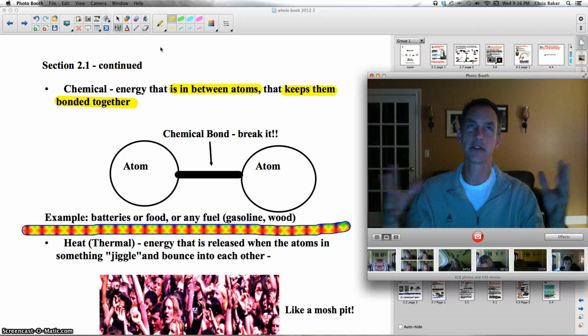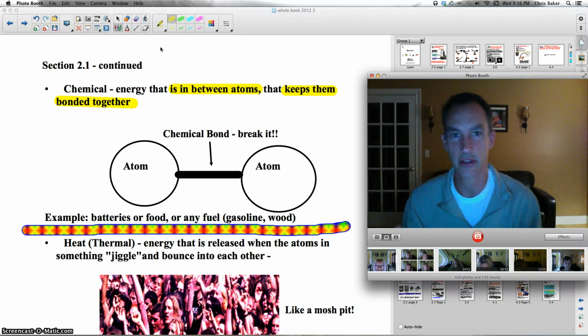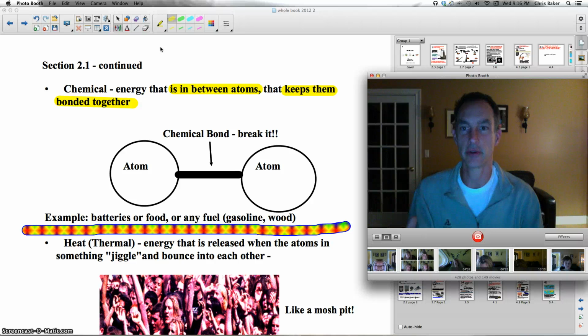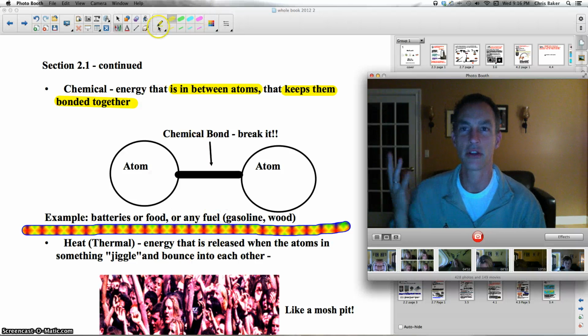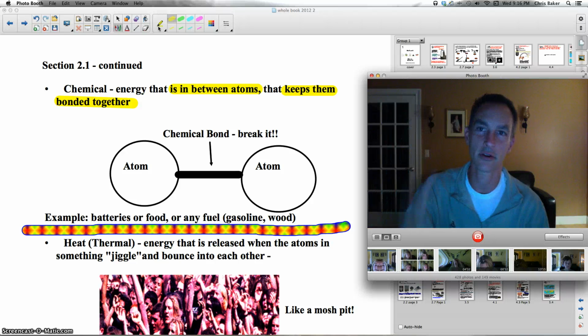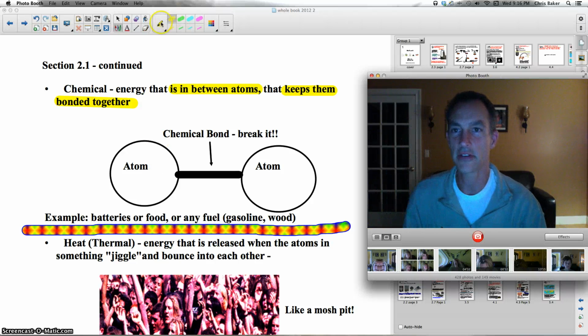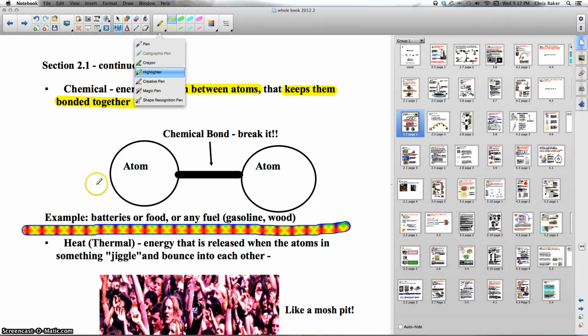This is what all fuel basically that we use is about. You can see it down here: batteries and food or any fuel, which includes gasoline for the car or wood. All of these things have chemical energy.